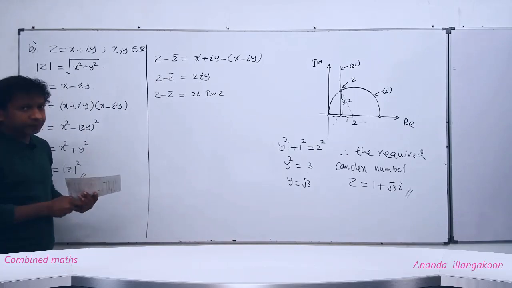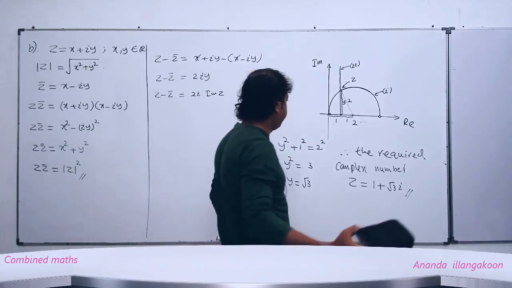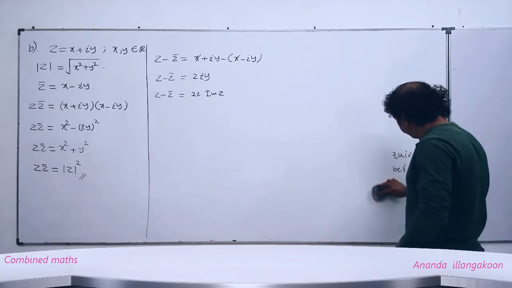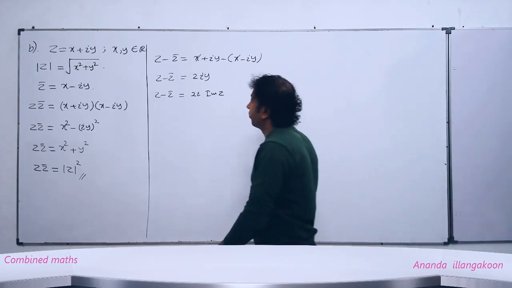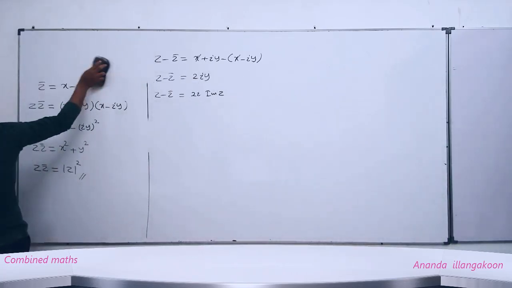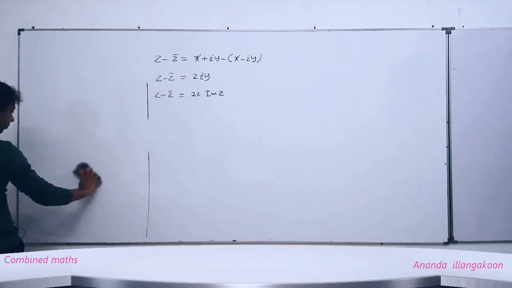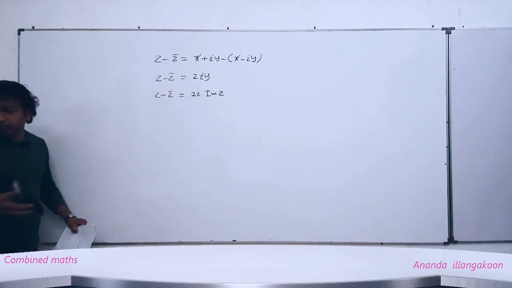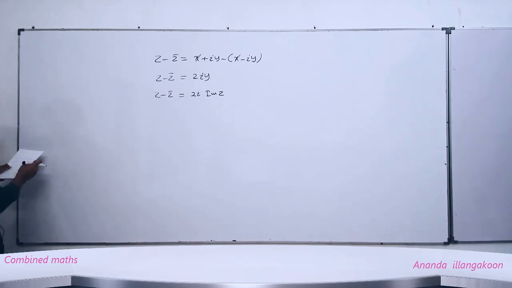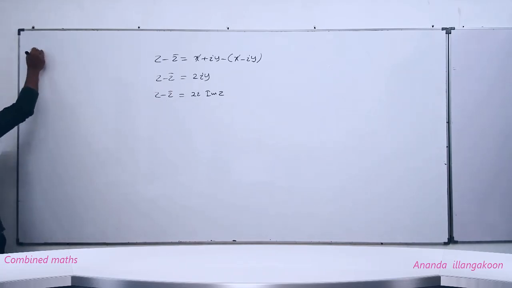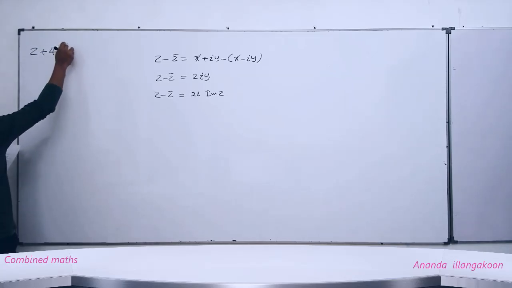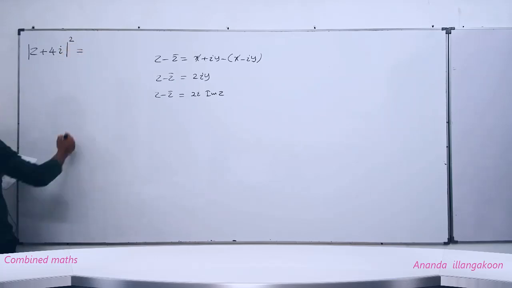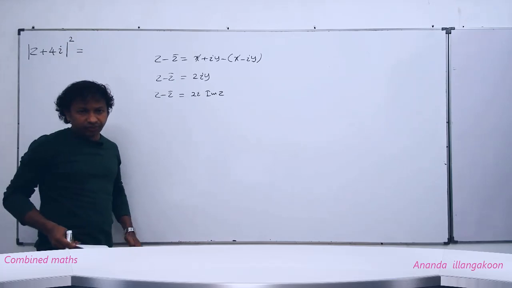Hence prove that the modulus of z plus 4i, perfect square. Try to get this answer, people.